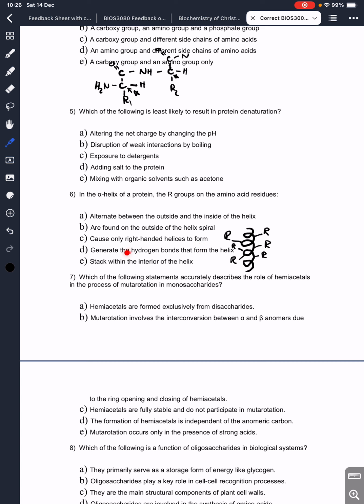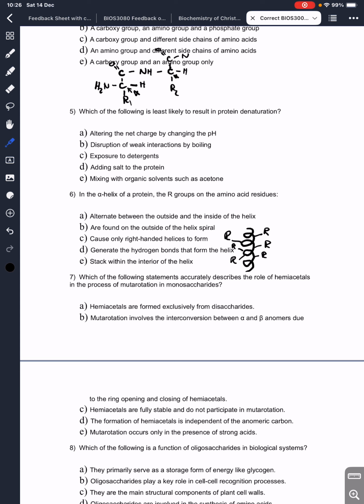And of course, the R groups do not form the hydrogen bonds in the helix. The helix is kept together by the hydrogen bonds in the backbone.